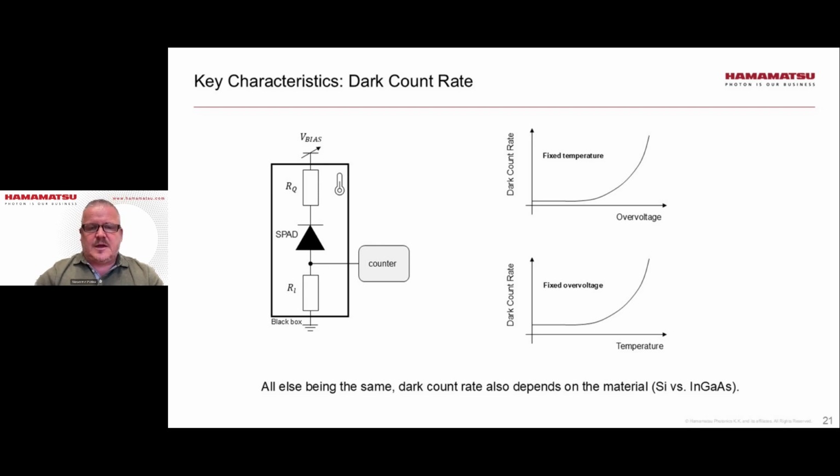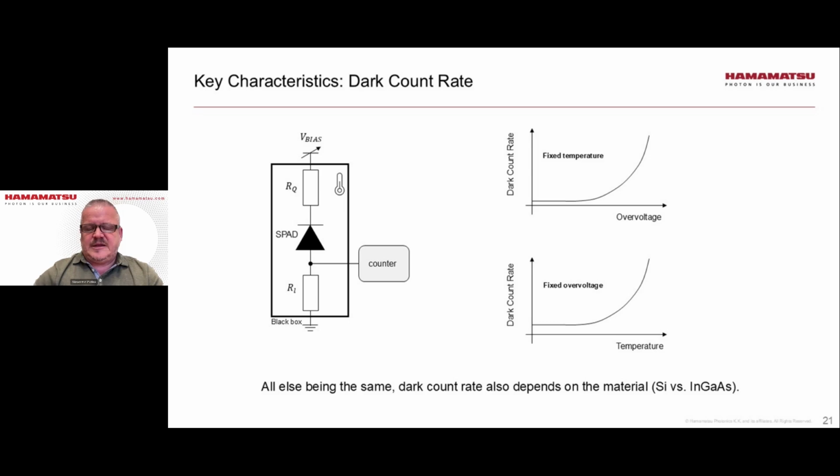Dark count rate certainly depends on the type of material, whether it's silicon or indium gallium arsenide, which can also be used to make SPAD sensitive to infrared. However, it also depends on temperature and, as we said earlier, overvoltage. So on the right-hand side, you see an artist's conception of plots where we see how dark count rate increases with overvoltage for a fixed temperature.